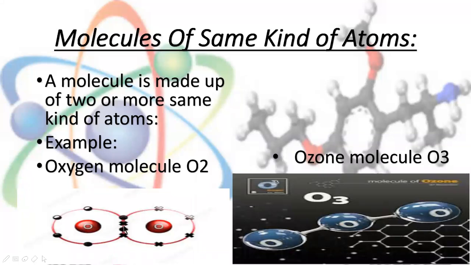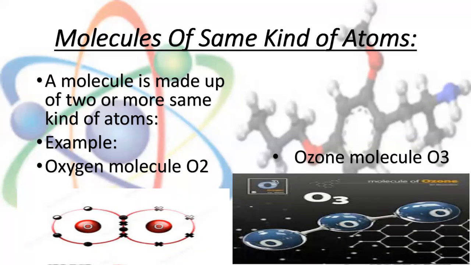When they chemically combine, O2, the molecule of oxygen, is formed.